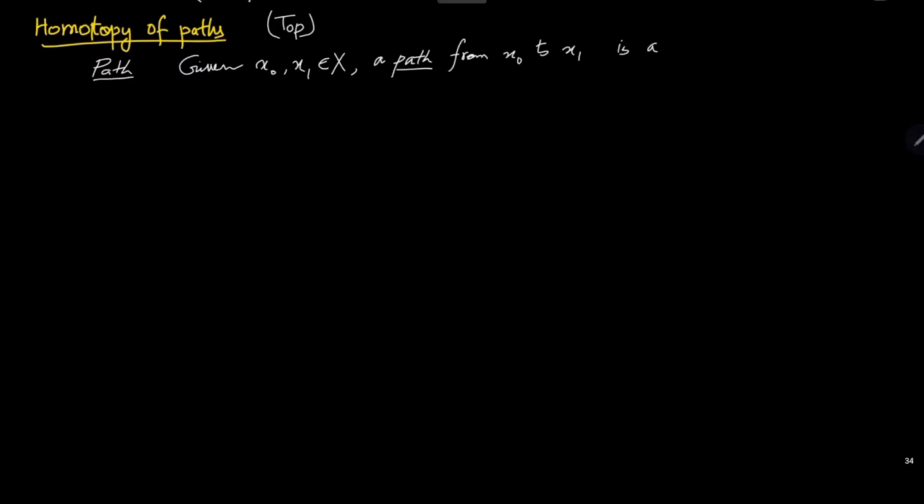We'll never mention continuous maps again, because we assume every map is continuous, as we are doing in Top. A path is a map f from I to X such that f of 0 is x0 and f of 1 is x1. So that is what a path is between any 2 points.